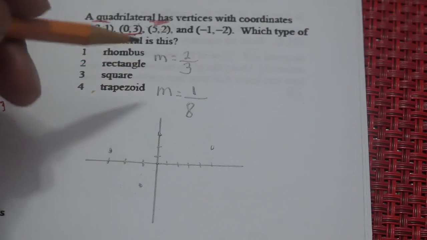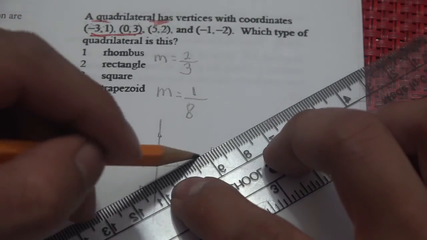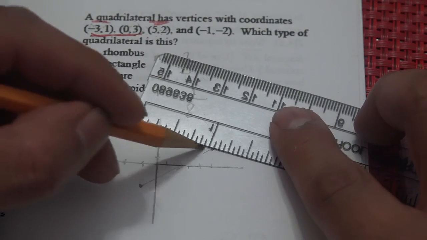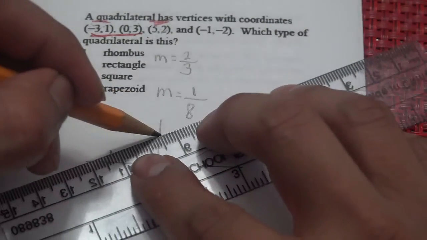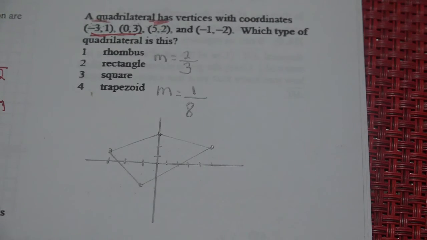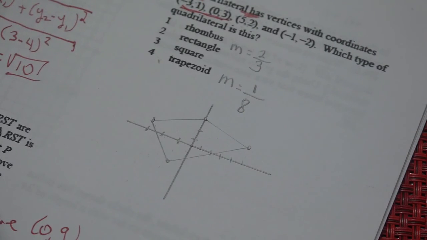Oh, okay. So let's see now what this is. Oh gosh, that's what it looks like. This looks like a trapezoid.